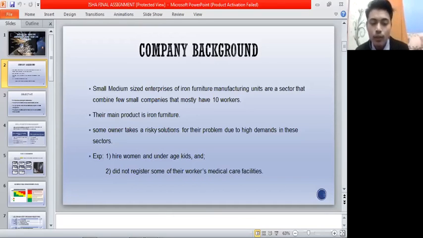Third, some owners take risky solutions for their problems due to high demand in their sector. For example, they hire women and underage kids, and do not register some of their workers for medical care facilities. Next.